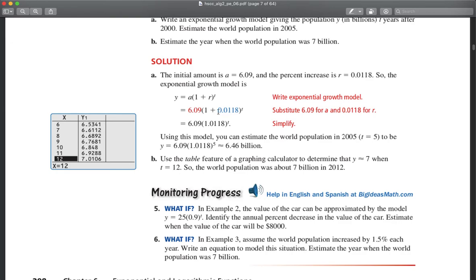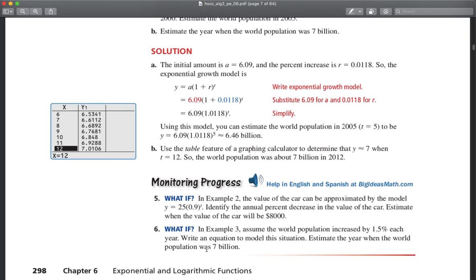So instead of there being 0.0118, if you have 1.5, you move the decimal two places over, you have 0.015, and you just add them up and you get your new model, right? So you're going to write a model for that situation. Then you're going to estimate the year when the world population was 7 billion. So this is a very good way to know how to predict exponential growth.